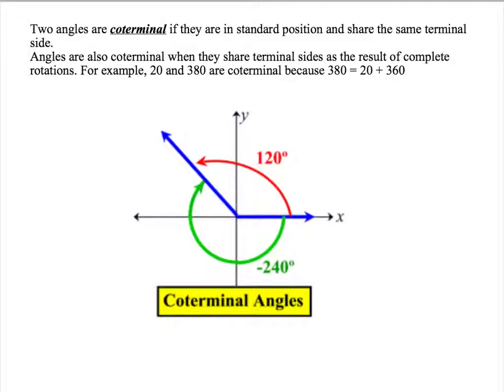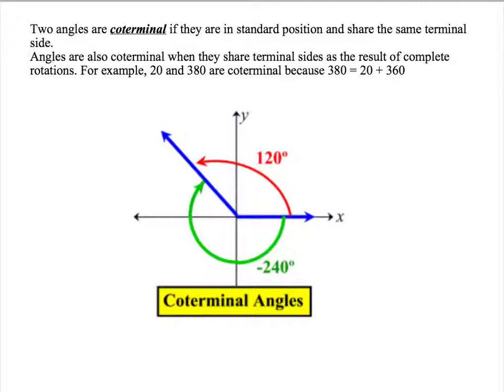Here's what that means. Look at the red 120 degrees. The initial side is on the x-axis, and the terminal side rotated, and we've got positive 120 degrees. But we've also got the green up there, the negative 240 degrees. So the negative 240 started at the x-axis and rotated clockwise going down 240 degrees.